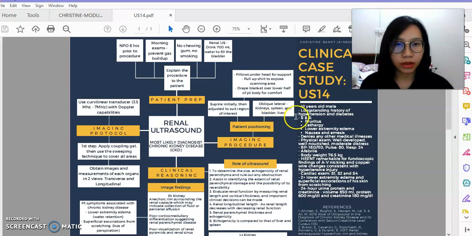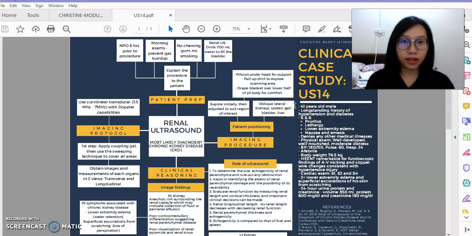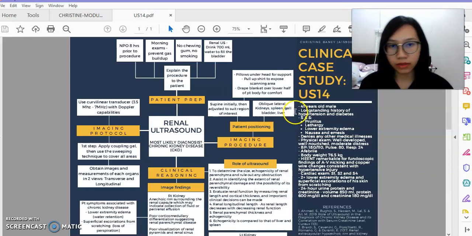For example, we can have the patient lie in oblique lateral. This is in order to take images of some structures such as the kidneys, spleen, gallbladder and liver, because they are organs that we cannot scan without changing the patient position.